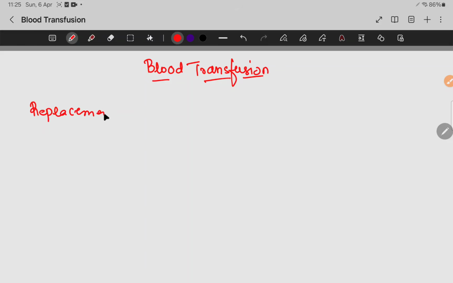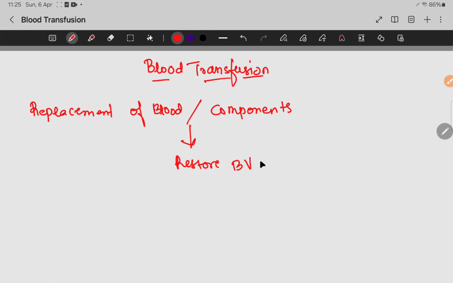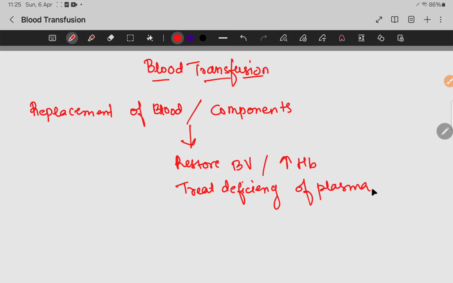Replacement of blood or its components for restoring of blood volume or to raise hemoglobin, raise HB, or to treat the deficiency of plasma and clotting factors.